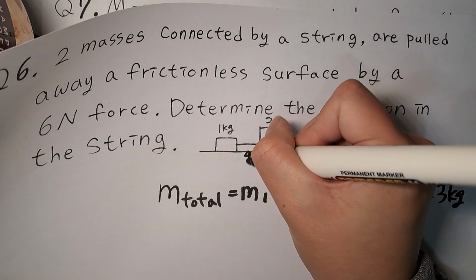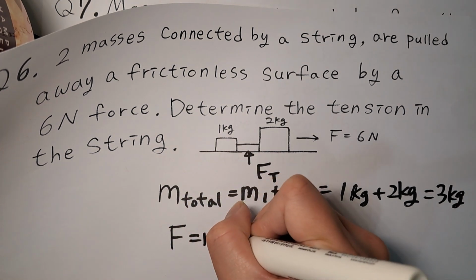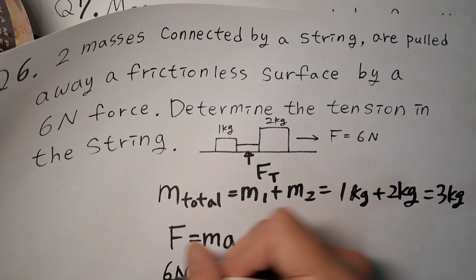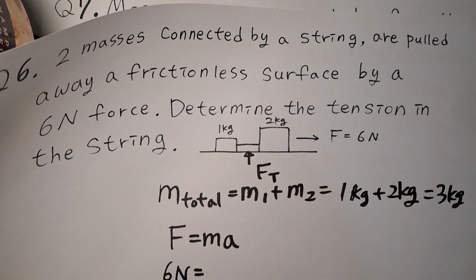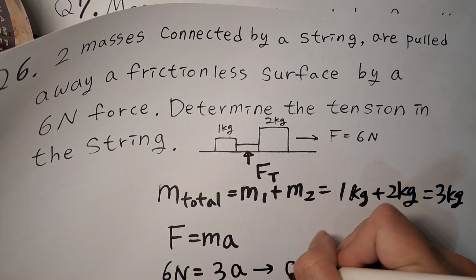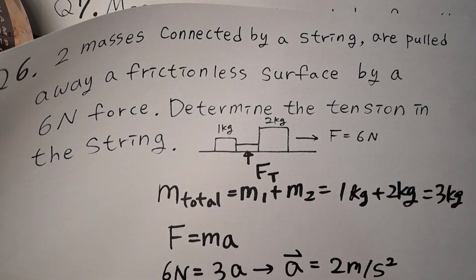And we are going to find this tension force. So we are going to apply this equation. Then 6 Newtons is with this. So the acceleration is going to be 2 meters per second squared.